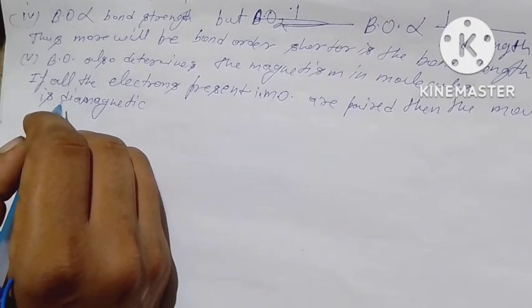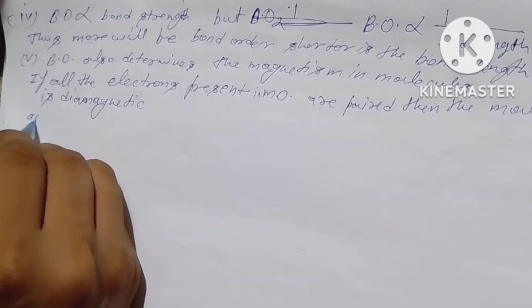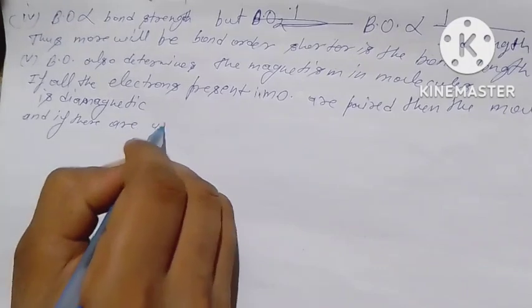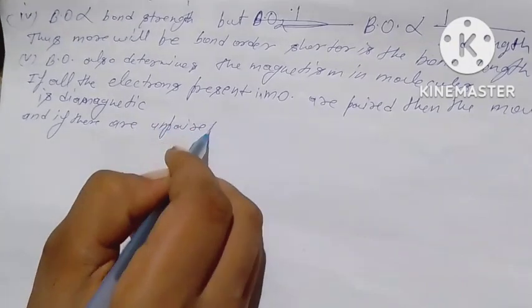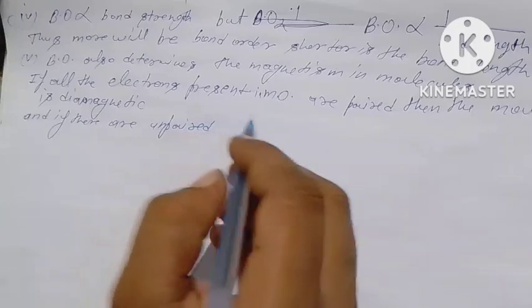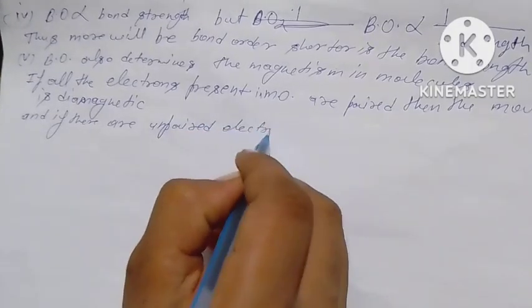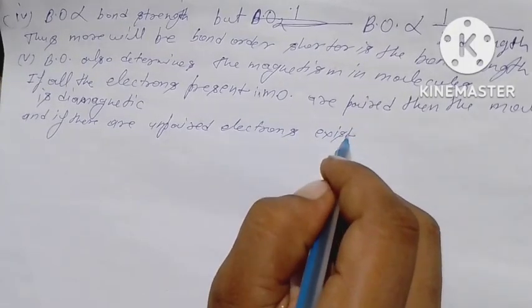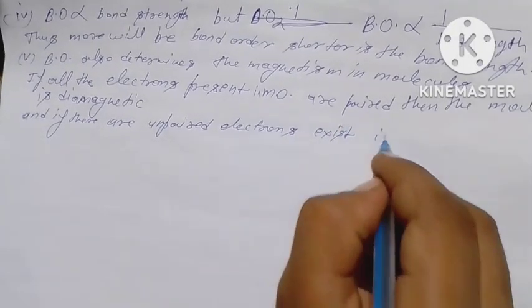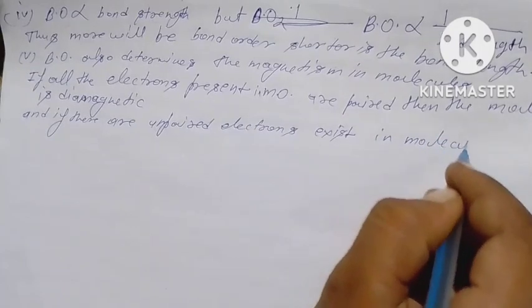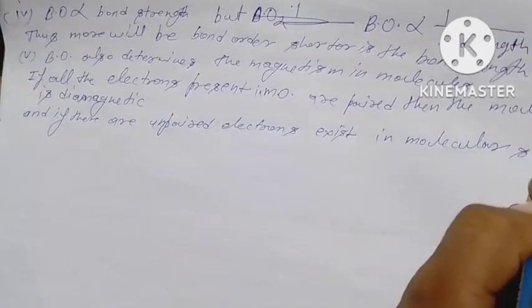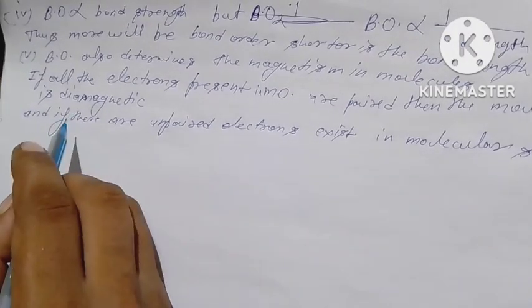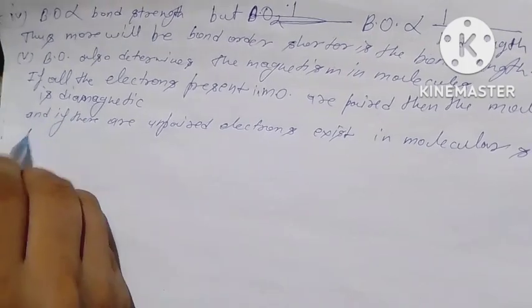And if unpaired electrons exist in molecular orbitals, the molecule is paramagnetic.